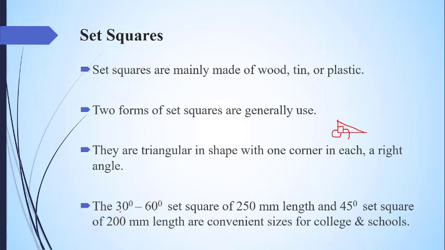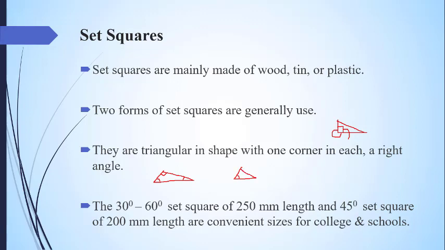There are two different set squares. The first one consists of 30, 60: here the angle is 30, here the angle is 60, and there is 90. And the other one is 45, 45, and 90.